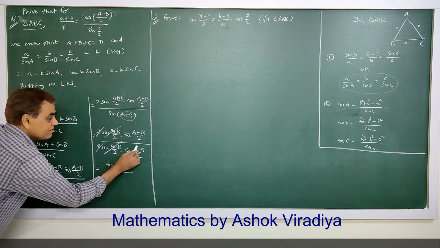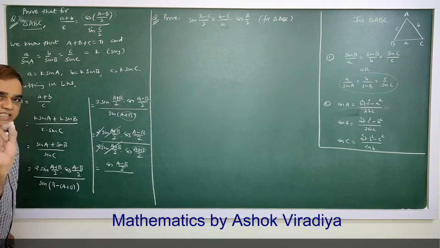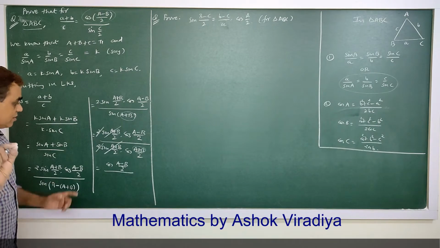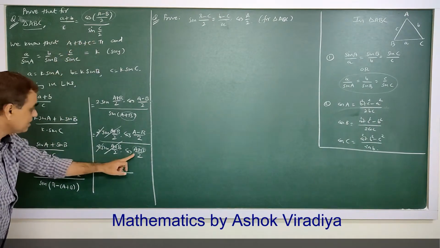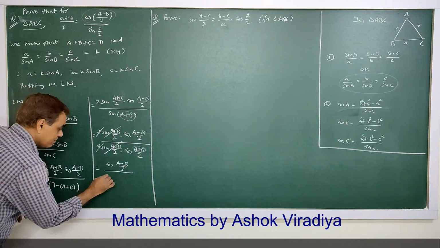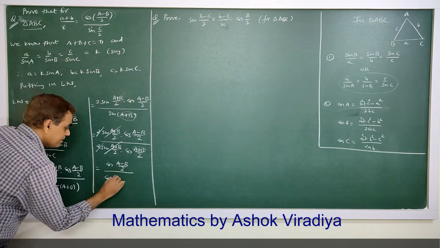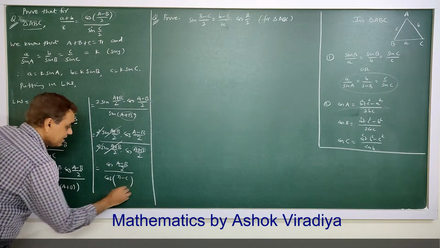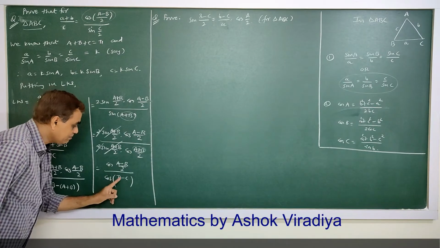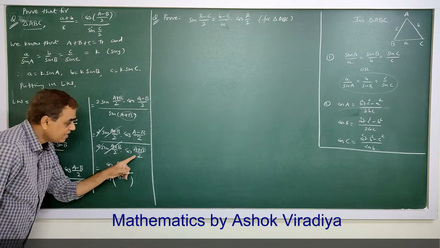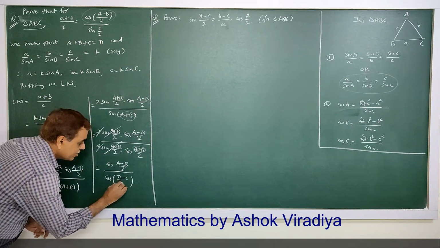So this left-over term we should convert in terms of C. Again here I replace A plus B by pi minus C, and divide by 2, so divide individually.